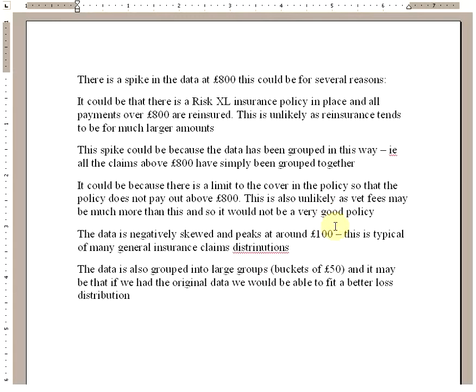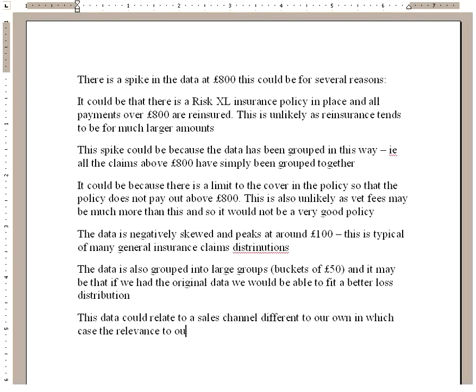Now, I also want to go on and think about other things. So I've got other general things I can think about. This data could relate to a sales channel different to our own, in which case the relevance to our own policy is very limited.